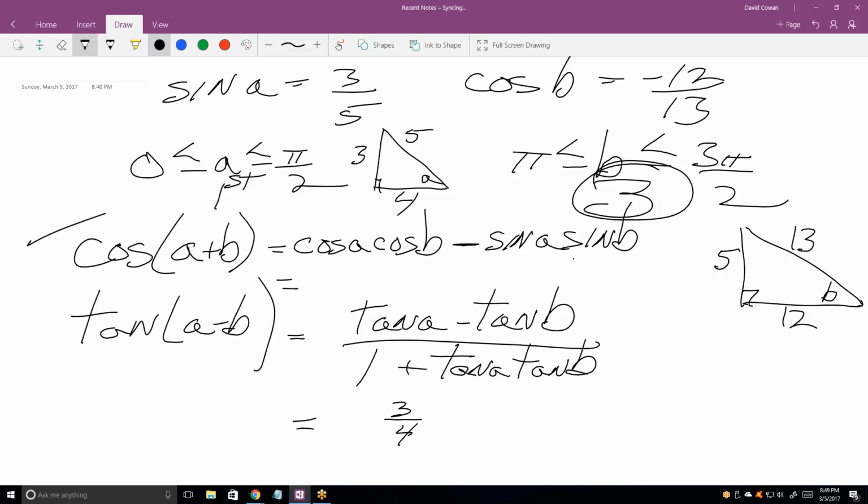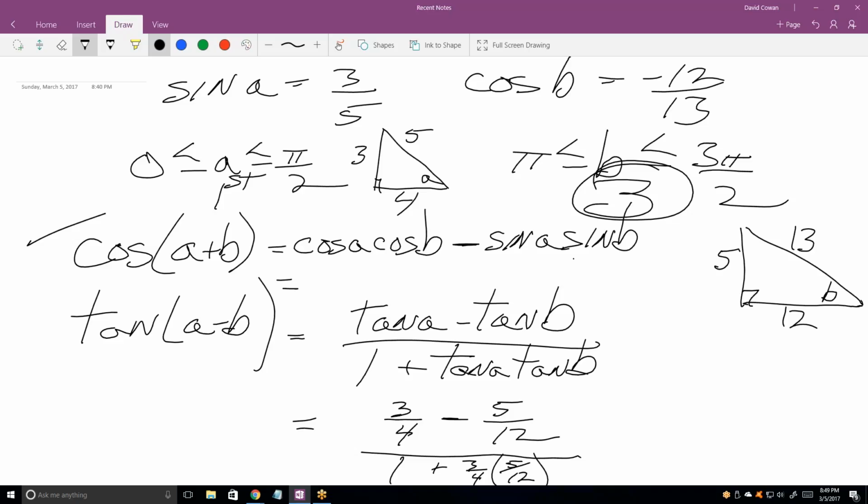What's the tangent of B? -5/12. Third quadrant. What's tangent in the third quadrant? Oh, it's positive. Right. So I don't want to add an extra negative sign there. Okay. All over 1 plus 3/4 times 5/12.